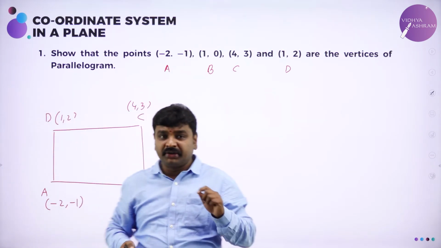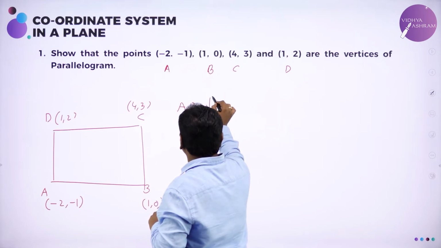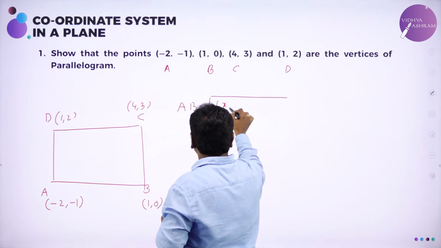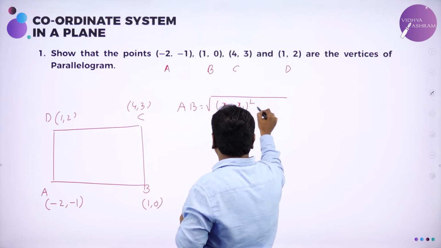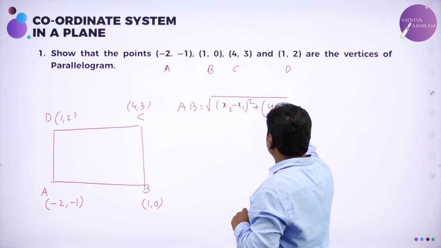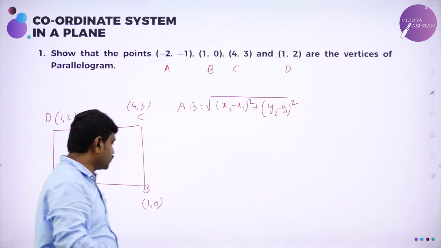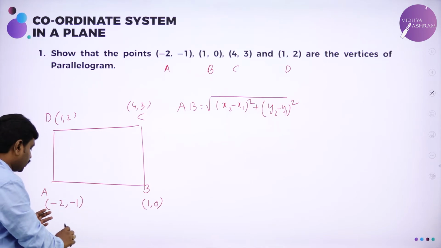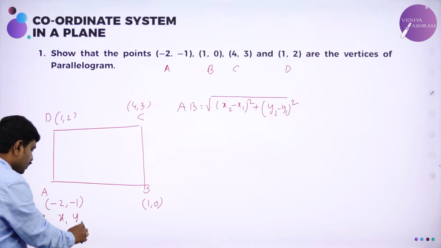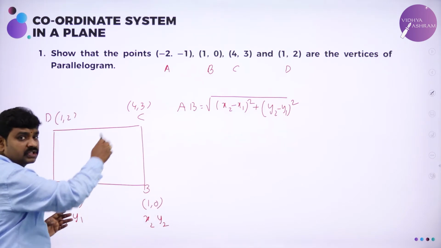Now coming to this, what is AB? Distance formula. What is the distance formula? Root of (x2 minus x1) the whole square plus (y2 minus y1) the whole square. It means the difference of x coordinates plus the difference of y. For AB, you take one pair as x1, y1, the other pair as x2, y2 and substitute in this formula.